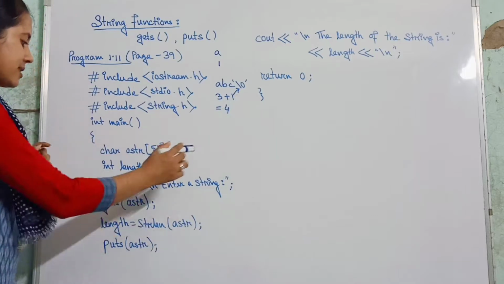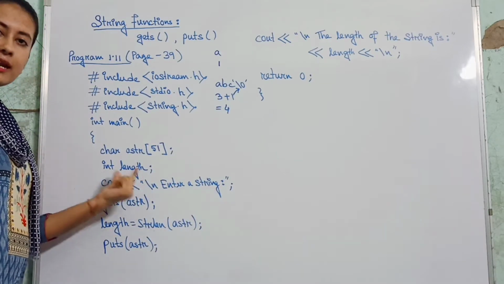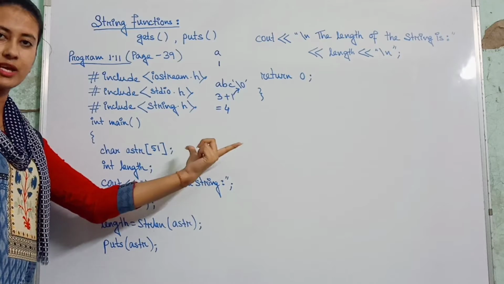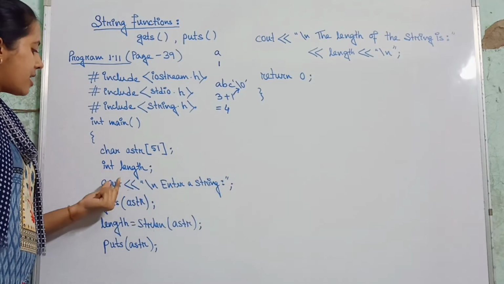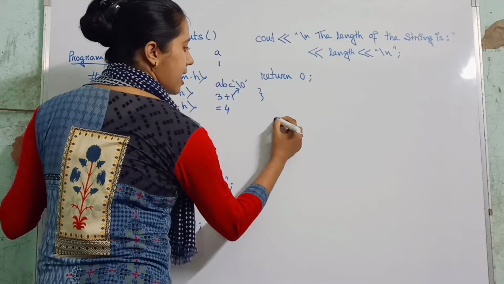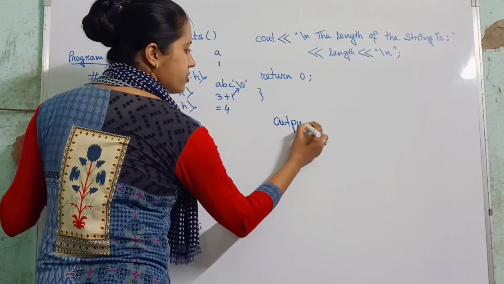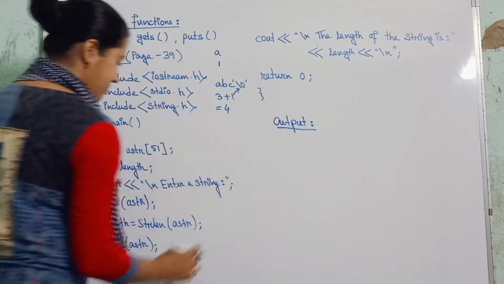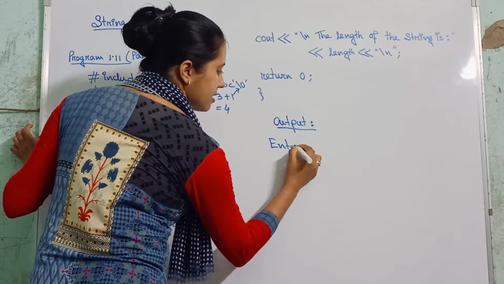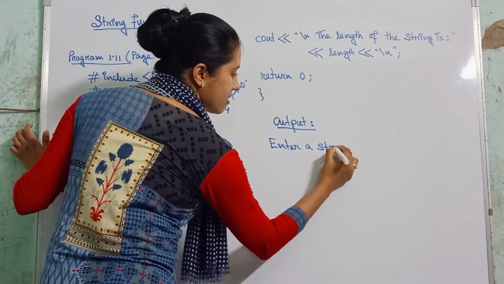Clear? Now int length, another variable we have taken. This length will calculate the length of the string that I will enter. Now cout "Enter a string". So how this output will come, you see, in my output screen, first it will come as "Enter a string".